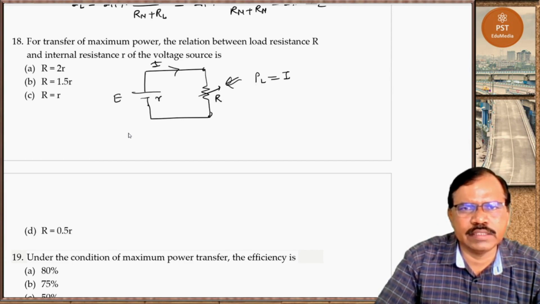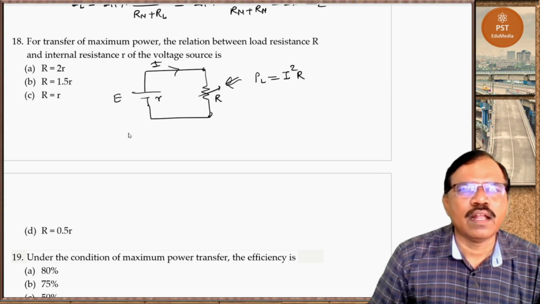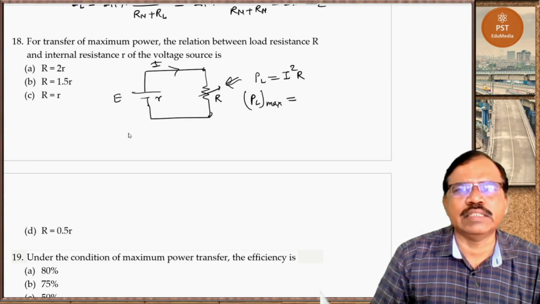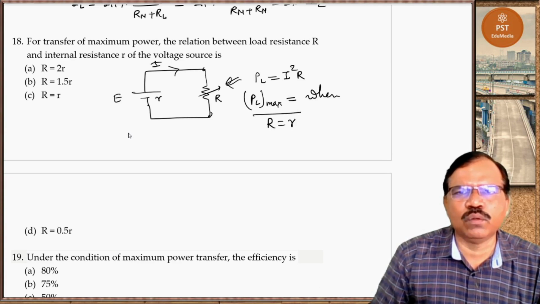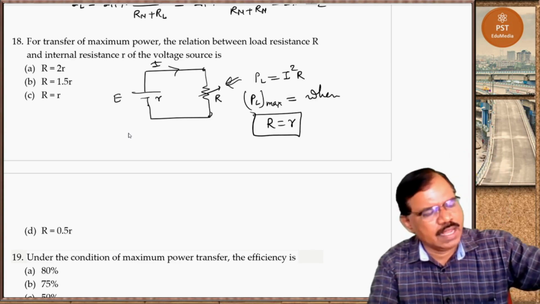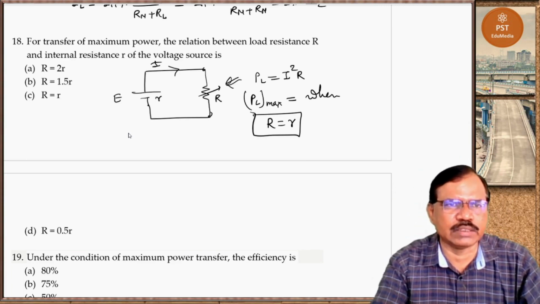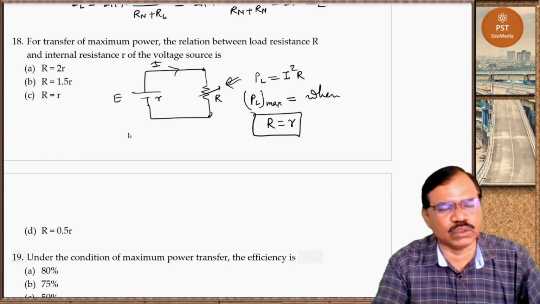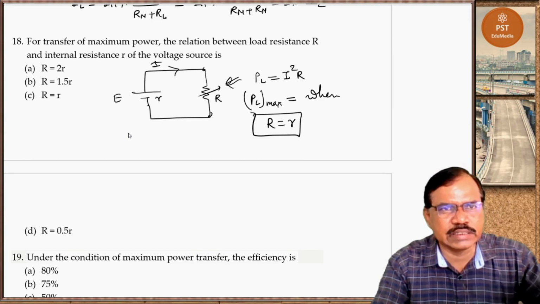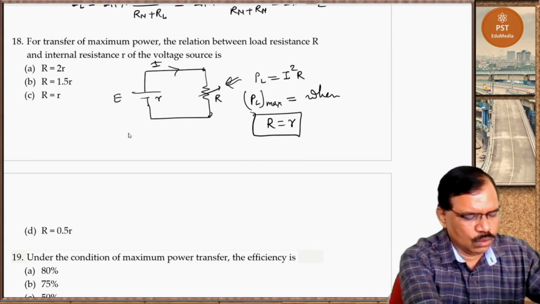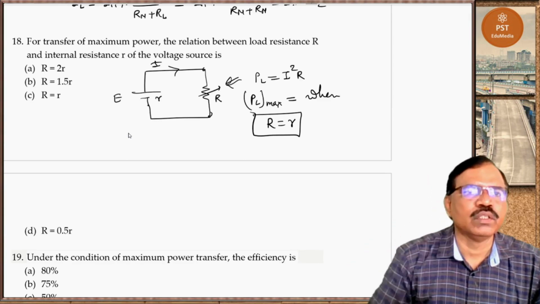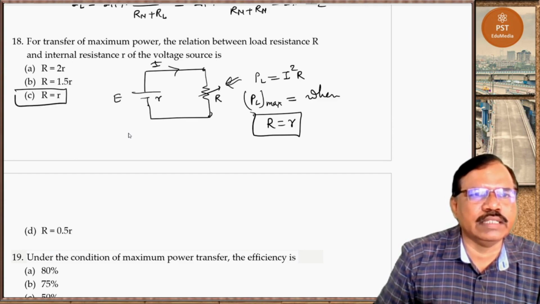It is I square R. Now this PL will be maximum when load resistance is equal to the internal resistance of the source, and that is called the maximum power transfer theorem. So when load resistance is equal to the internal resistance of the source, maximum power is transferred from source to load resistance. We know this. So here the third option is correct.